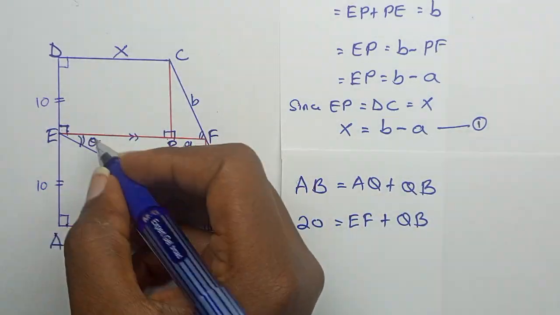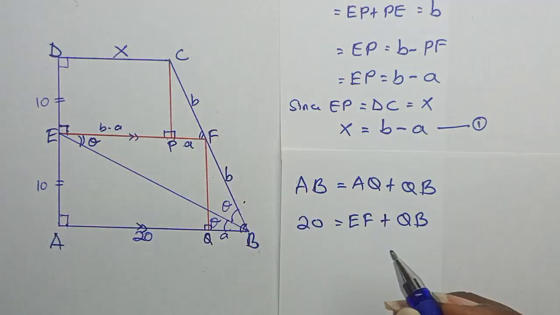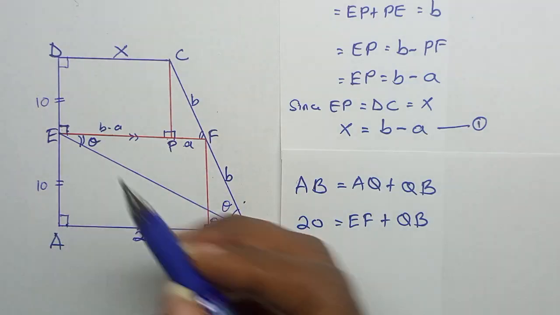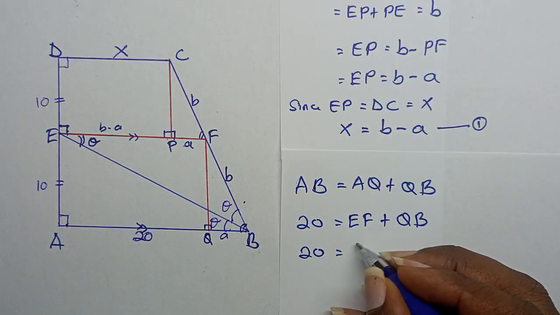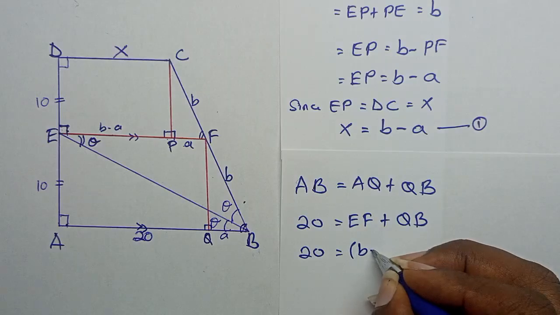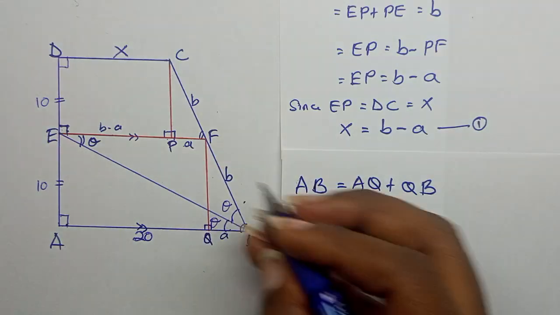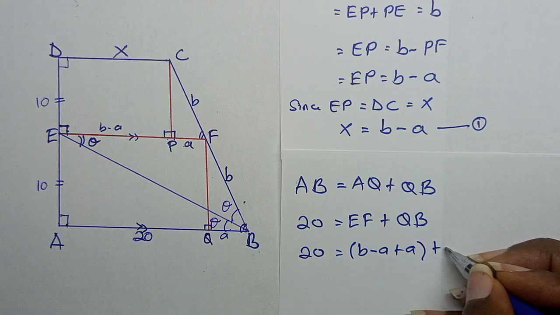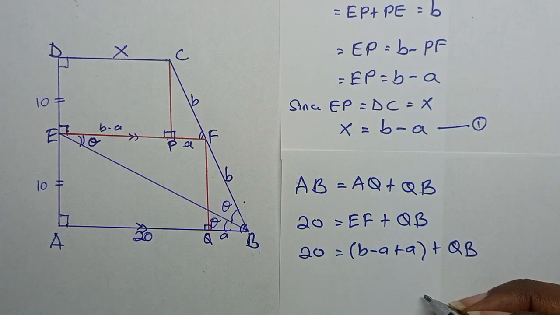So EP is B minus A. So 20 is equal to B minus A, plus A, which is PF, then plus QB.